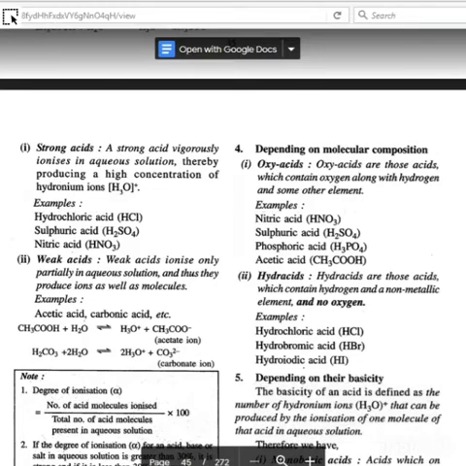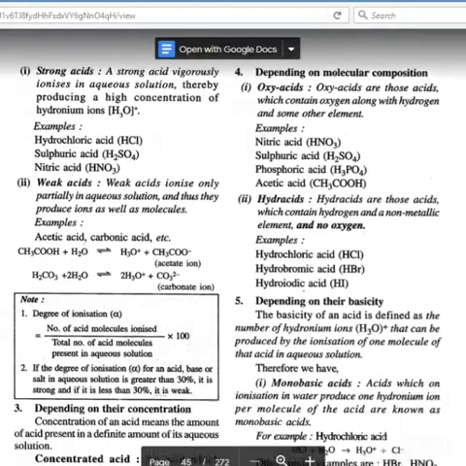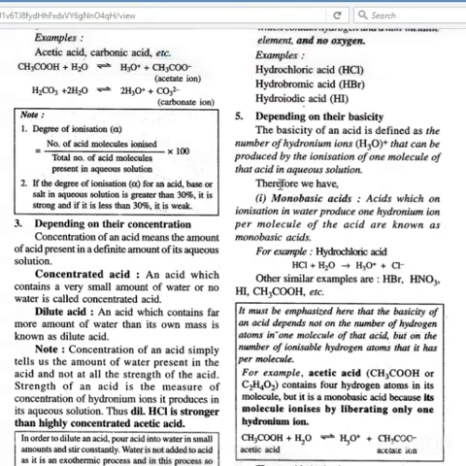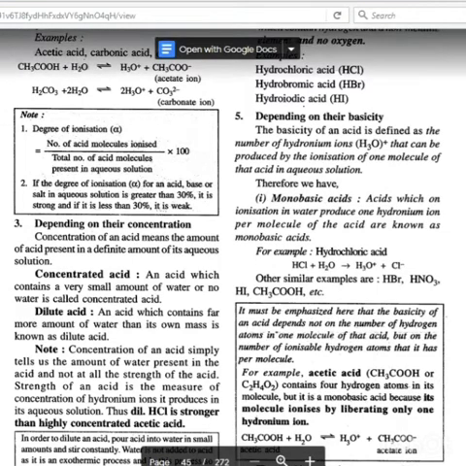In that, if we are studying the different types, the first type is monobasic, which gives only one hydronium ion. In that, only one hydronium ion is being furnished.